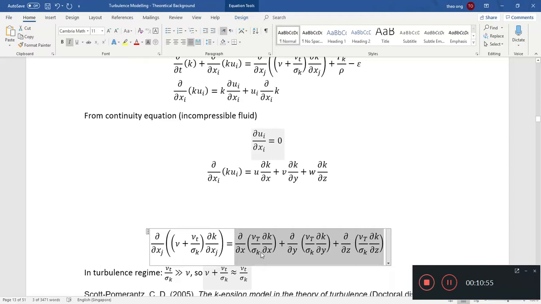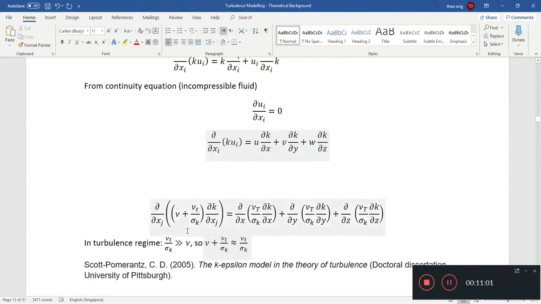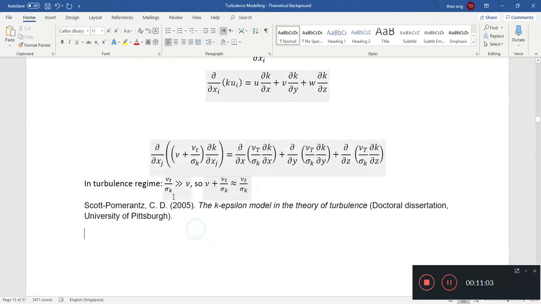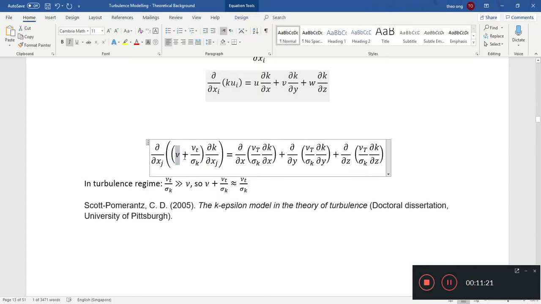Okay, so the reason why we do that is, in the turbulence regime, this turbulence viscosity term is usually much greater than the kinematic viscosity of the fluid, so that you can just approximate, you can just neglect this term. Yeah, you can just neglect this term.